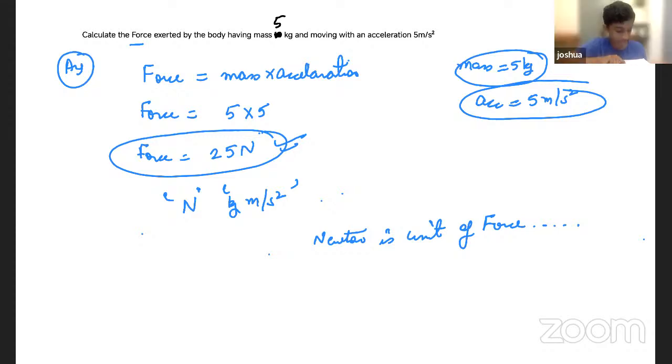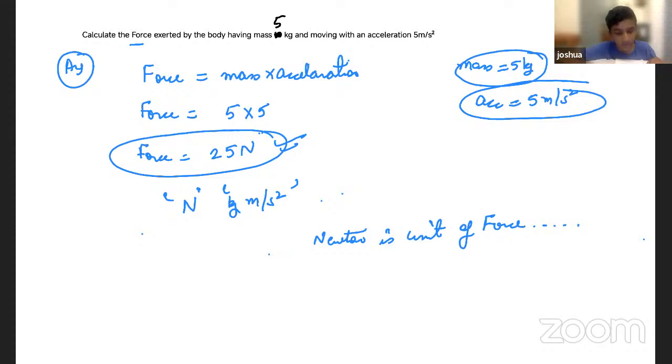Let us derive this relationship. Suppose the velocity of an object of mass m changes from u to v in time t by the application of a constant force F. The magnitude of initial and final momentum of the object will be p1 equals mu and p2 equals mv respectively.